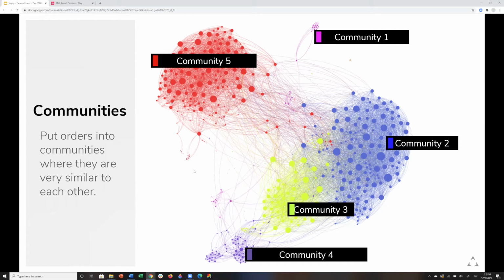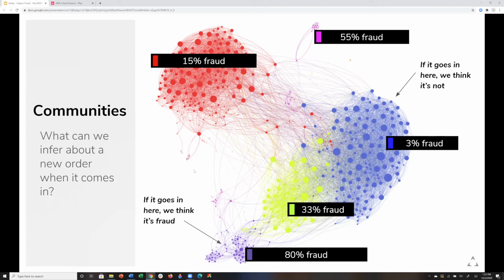On the next slide, I might attribute some sort of good community or bad community, right? So, for instance, if I have a new transaction that my community calculation suggests it would go into the blue community, I'm probably less likely to be suspicious of it. However, if it goes into that purple community, that might cause me to inspect it much further, right?